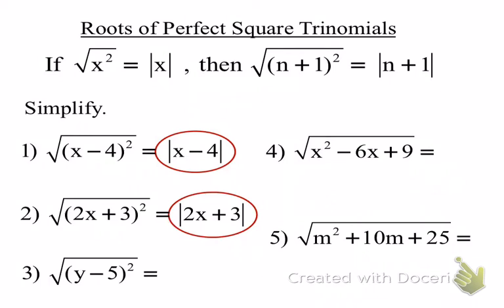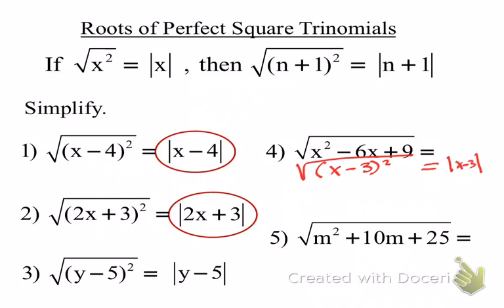Y minus 5 what? Absolute value. Yes, correct. Okay, now number 4, you have to factor. So what does that factor to, McKenna? It factors to x minus 3 times x minus 3. X minus 3 squared. And then it would be the absolute value of x minus 3.